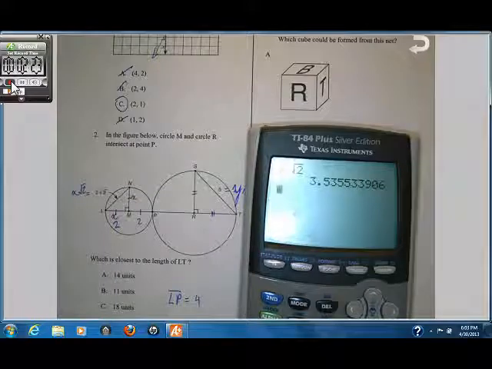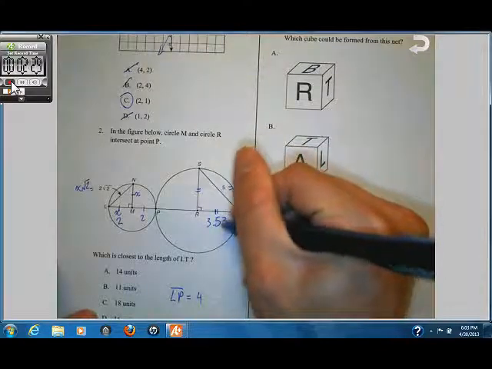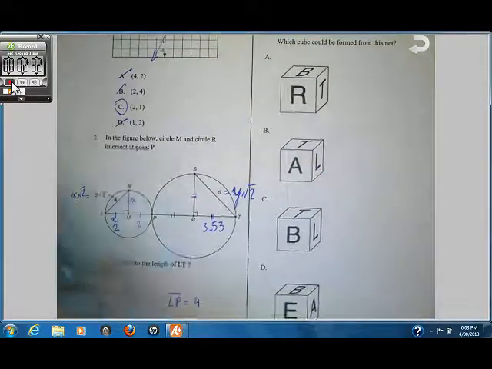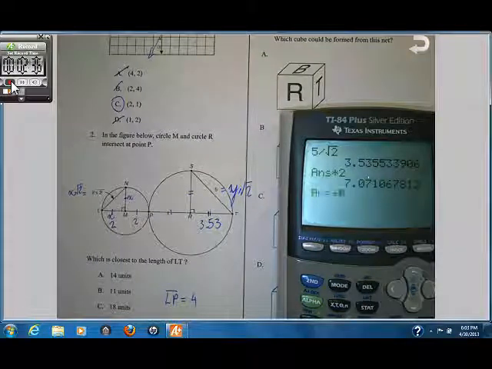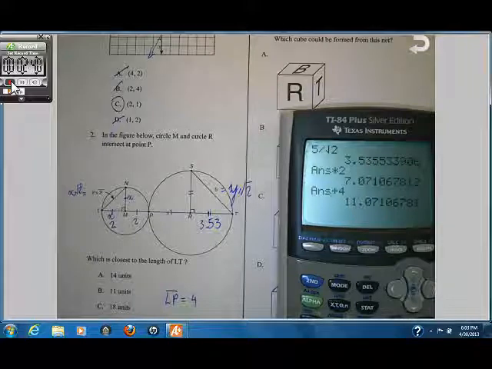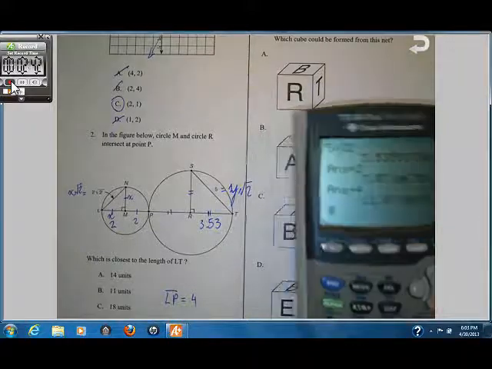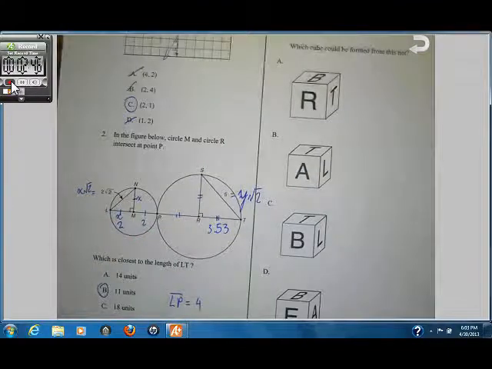You multiply that by 2. So that's 3.53, and of course there are 2 of those. So you're going to double that, and then you're going to add 4. And so it said which of the following is closest. 11.07, of course. We round to 11. So the correct response is B.